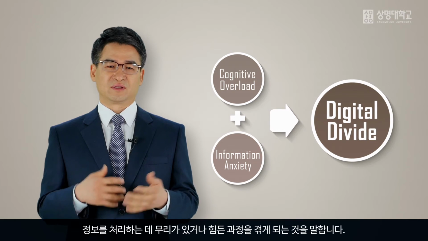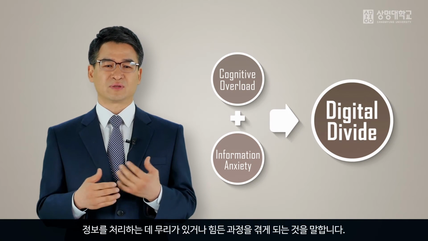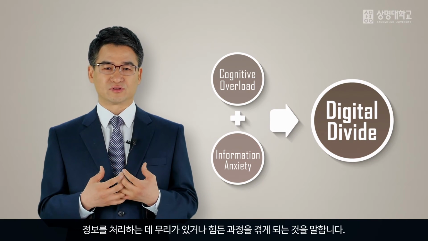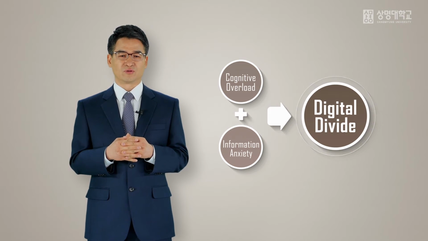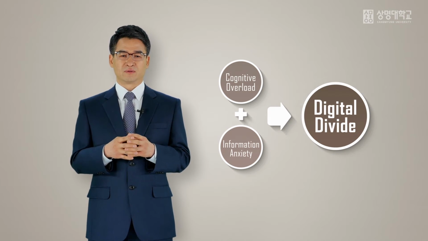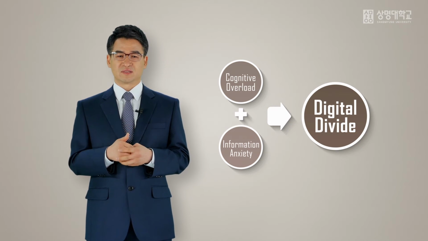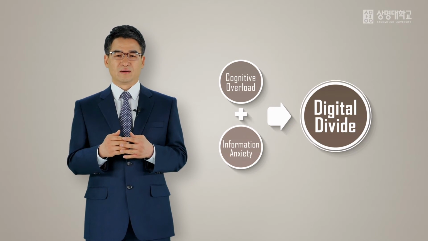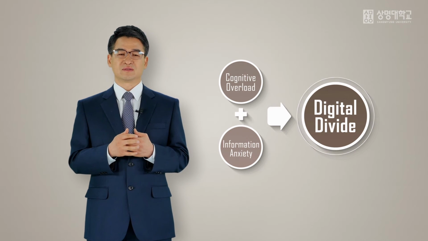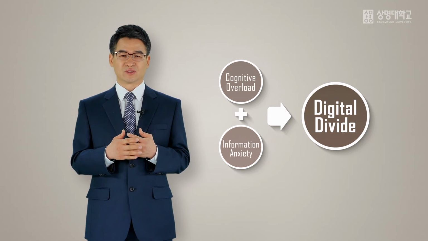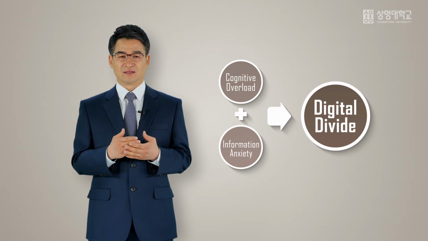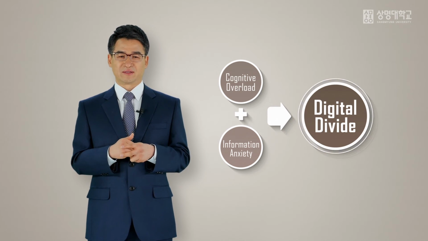Basically, you get really upset because you cannot process the data, so you get a lot of anger. Those 2 theories result in what is called the digital divide. What it means is that we are digitally divided. For example, I can access the information, but my grandmother and my grandfather cannot access the information because they cannot process the data. That's the meaning of the digital divide.